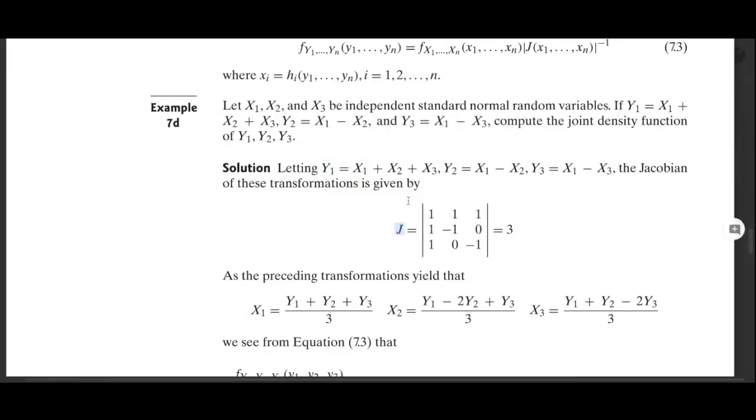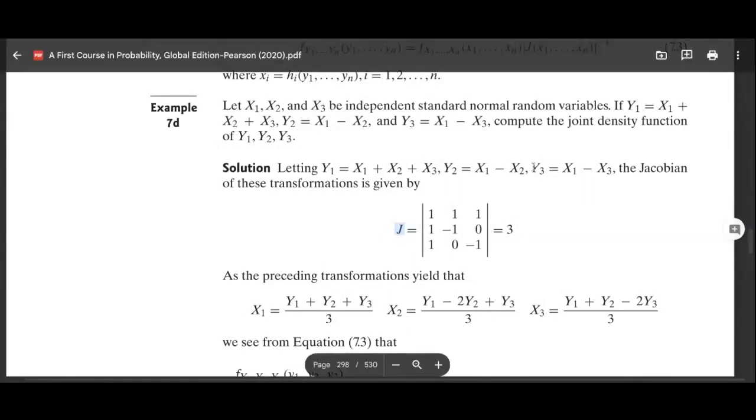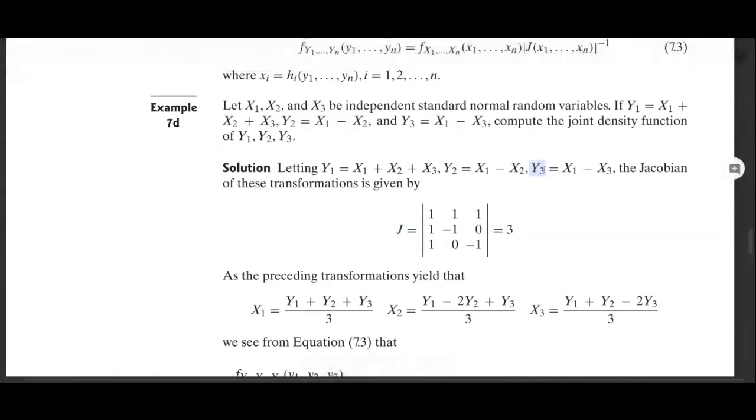Partial y1 partial x1 is 1, partial y1 partial x2 is 1, partial y1 partial x3 is 1, partial y2 partial x1 is 1, partial y2 partial x2 is negative 1, partial y2 partial x3 is 0, partial y3 partial x1 is 1, partial y3 partial x2 is 0, partial y3 partial x3 is negative 1. So the Jacobi equals 3.